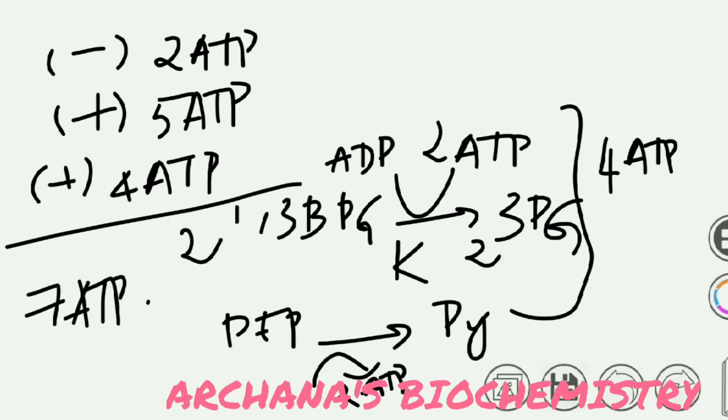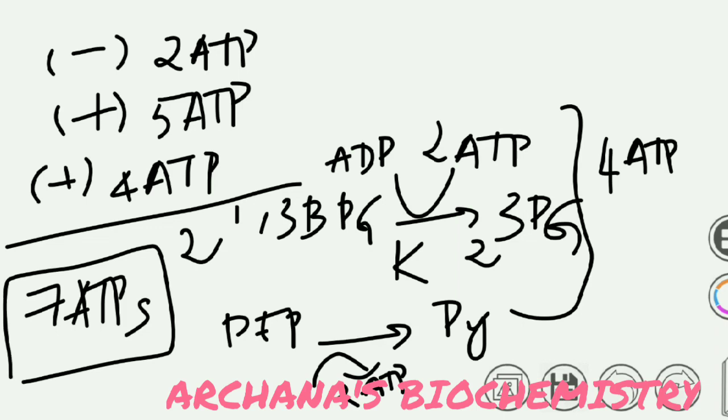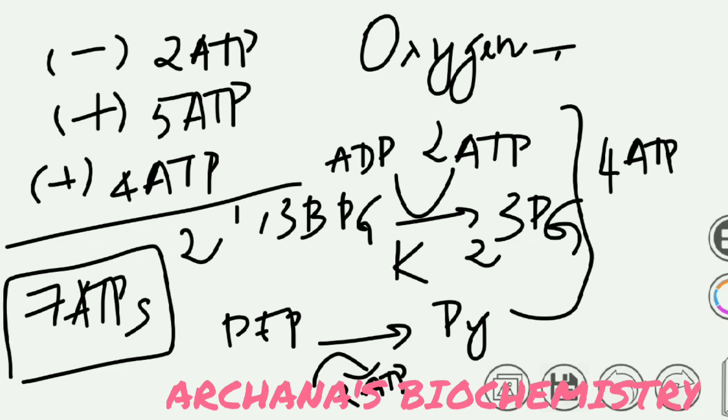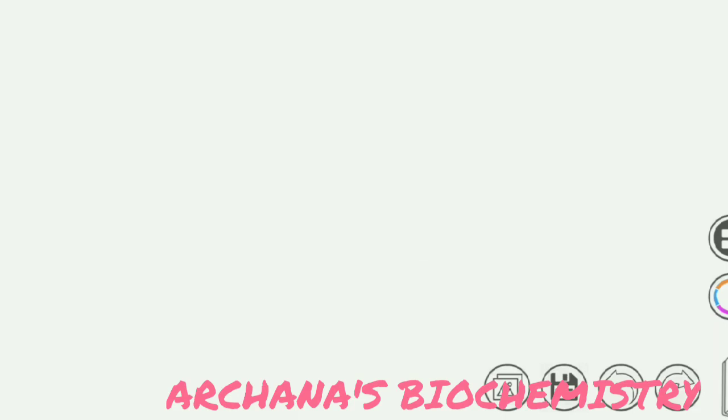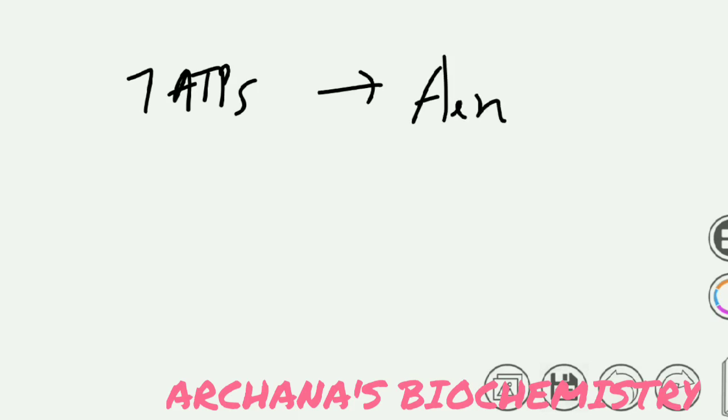So total it now is 7 ATPs. 7 ATPs are produced per cycle of glycolysis in the presence of oxygen, or aerobic glycolysis. Okay, 7 ATPs.